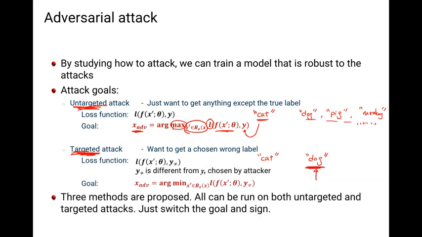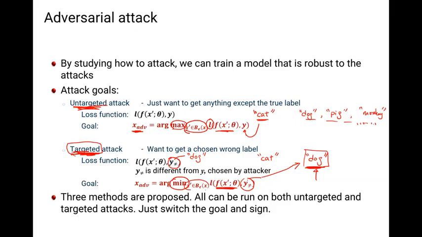On the other hand, if you want a targeted attack like this one, that means you want a particular wrong label, let's say the dog. So you will have a different goal. You want to target a dog label, and you want your predictions to be as close as possible to it, because you want to minimize the difference from your prediction to the dog.